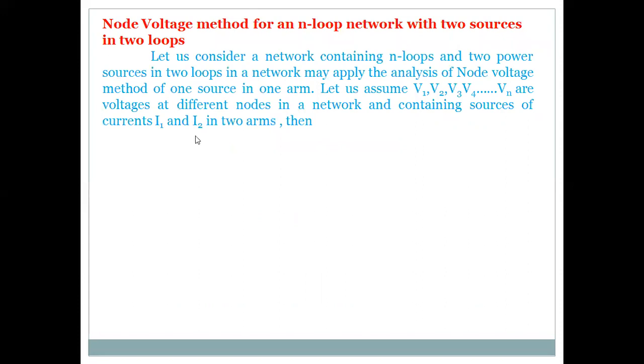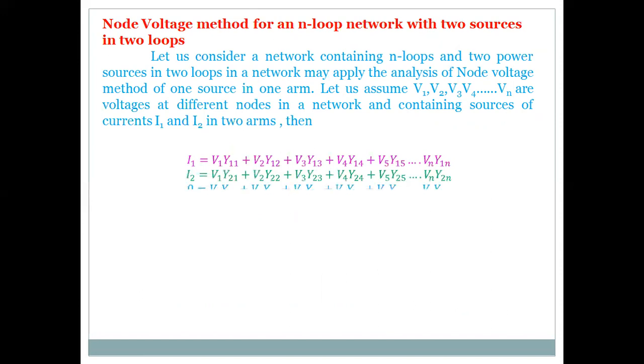Let us assume there are n number of nodes and some power sources in a network, in which there are node voltages or junction voltages V1, V2, V3, V4, and so on up to Vn. Then the above equations can be written as: for the first node, I1 is equal to V1 Y11 plus V2 Y12 plus V3 Y13 and so on plus Vn Y1n.